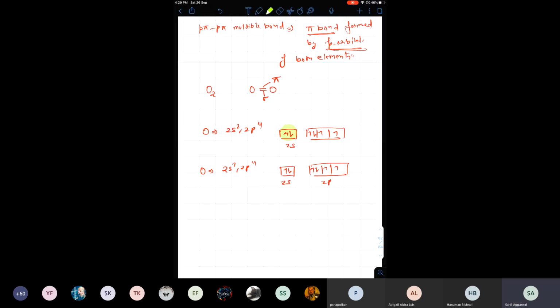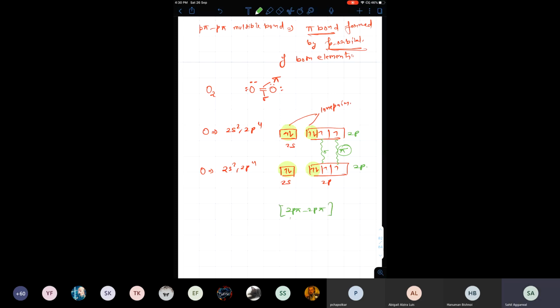These are lone pairs. The first bond between the same atoms is a sigma bond; the other bond is a pi bond. This pi bond is formed by 2p orbital and 2p orbital, so it becomes 2p pi 2p pi.